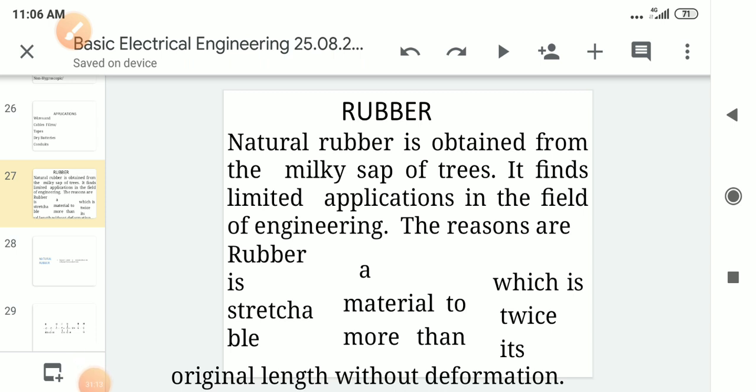So natural rubber is obtained from the milky sap, but it does not have very good properties as an insulating material. That's why it has very limited applications in the field of engineering. The reason is that rubber is a stretchable material.